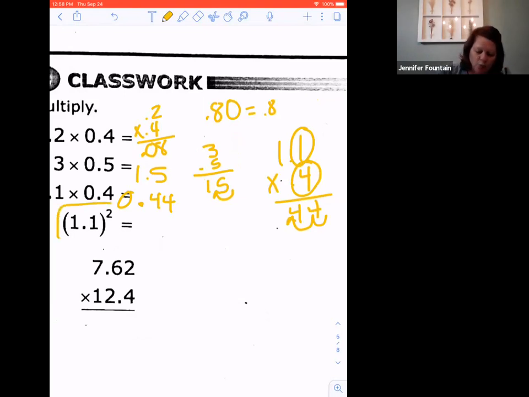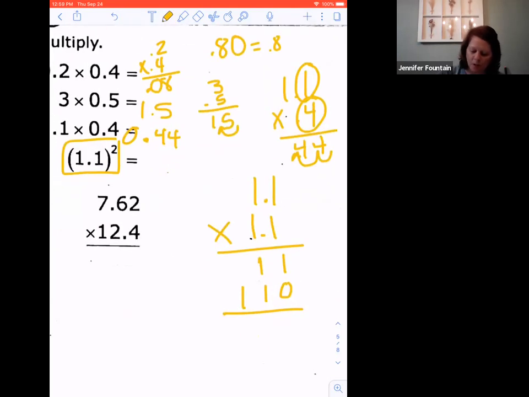Now, notice I have 1.1 squared. That means I'm going to multiply 1.1 times 1.1. Remember, that means when I have an exponent, I multiply that number by itself that number of times. So 1.1 times 1.1. 1 times 1 is 1. 1 times 1 is 1. Placeholder 0 and move over. 1 times 1 is 1 and 1 times 1 is 1.